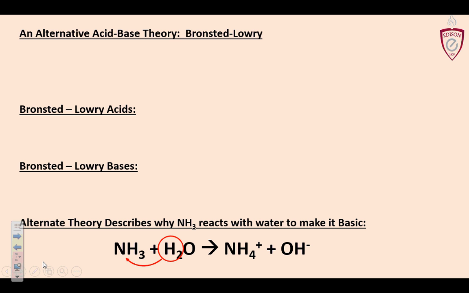So the OH negative was created during the whole donor-acceptor process that ammonia plays. Kind of cool, and it's very robust now. This explains all acid-base behaviors. Except for when you get to organic chemistry in college, but look up Lewis acids if you're confused.